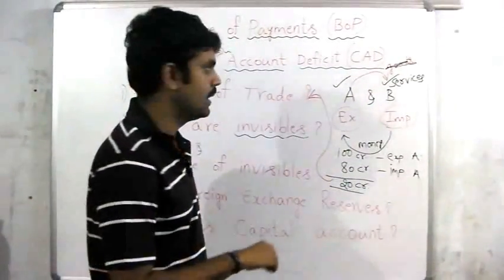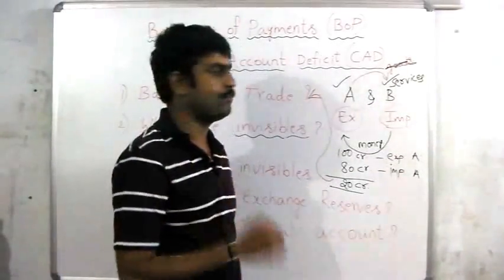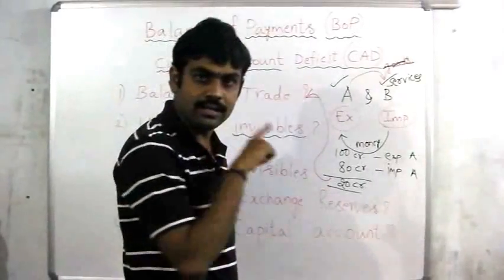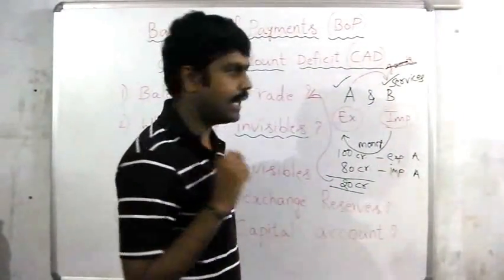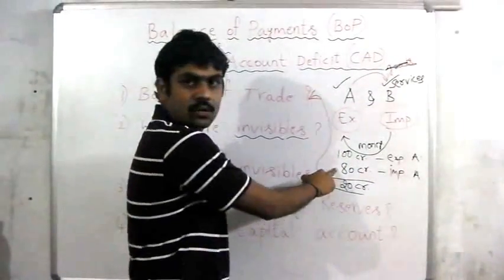Now again, a service D has been imported from B to A. So from B to A a service called D was transferred. So it is an import of A, and the value of that import is 80 crores.